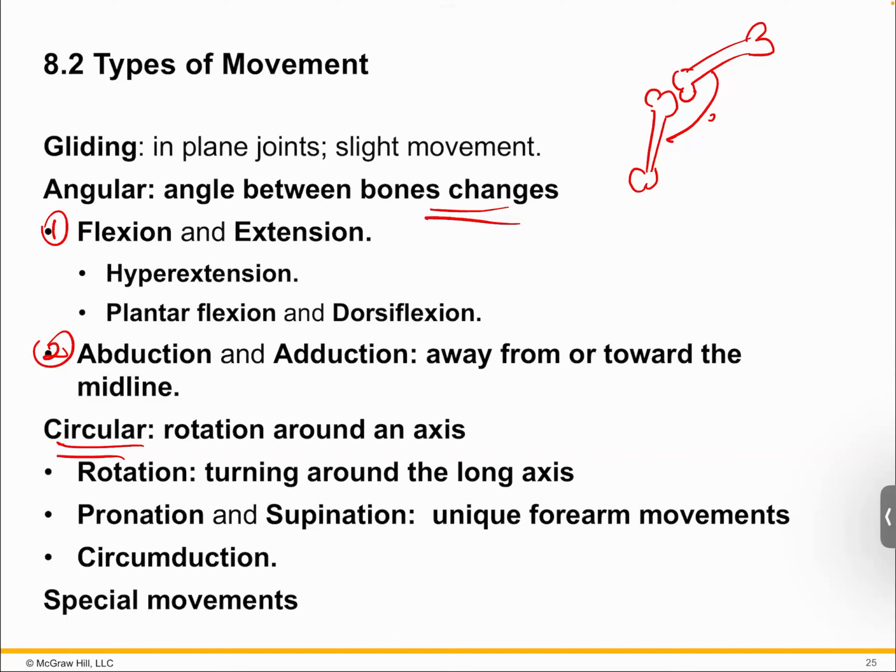Obviously pronation and supination we know about, right? Rotation though, what is that? And how is that different? Because if I just did this to Joe Average, they'd say, oh, that's rotation. But no, that's pronation. So what's rotation? Rotation is basically simply turning around a long axis.